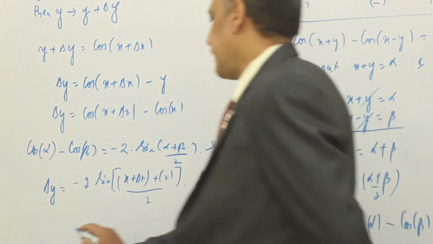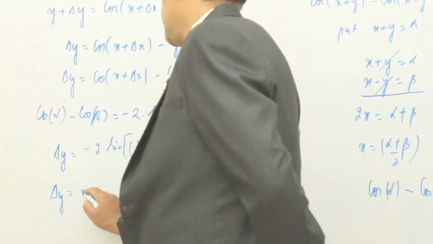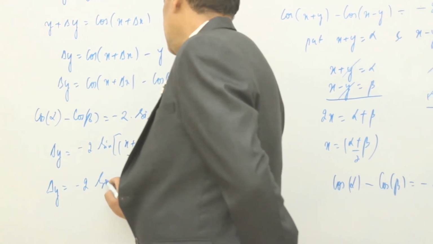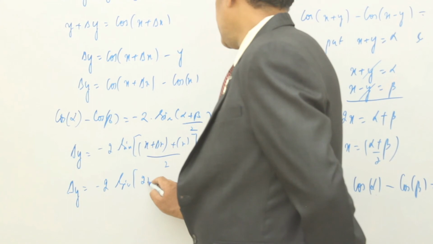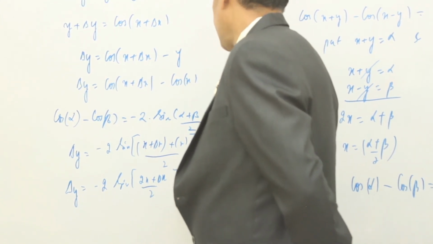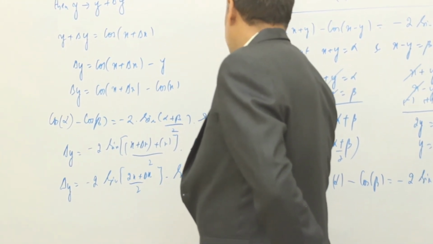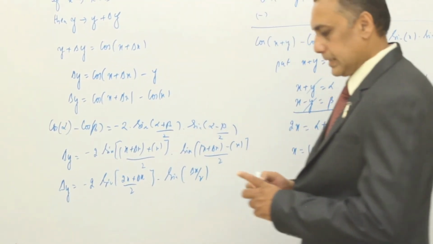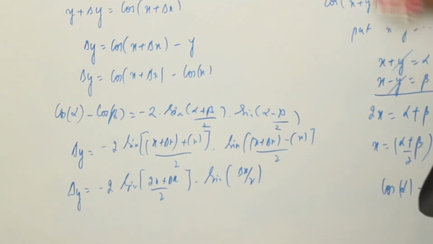So simplifying this, you get delta y is equal to minus 2 sine of 2x plus delta x by 2 into sine of delta x by 2, because plus x and minus x will get cancelled.